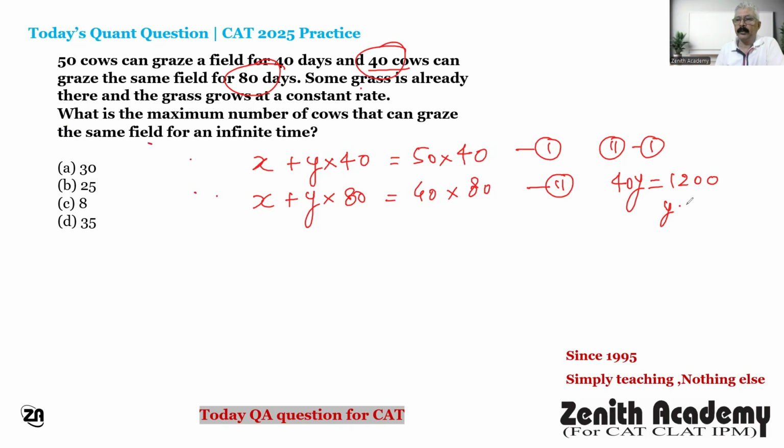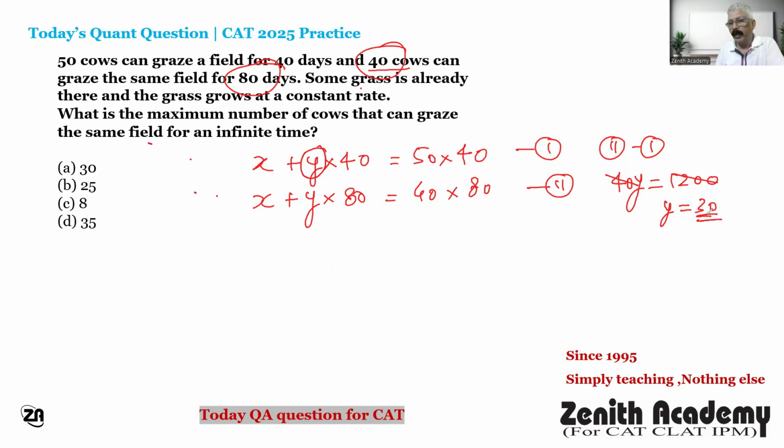So this y is going to be 30. It means 30 units of grass grow daily.